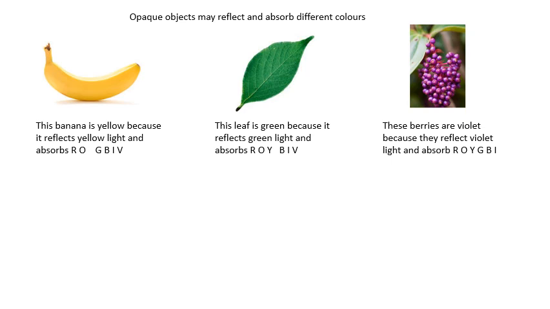This leaf is green because it's reflecting green light and it's absorbing ROY BIV. Yeah, these berries are violet because they reflect violet light and they absorb ROYGB. Okay, so opaque objects absorb some colors and reflect some colors.